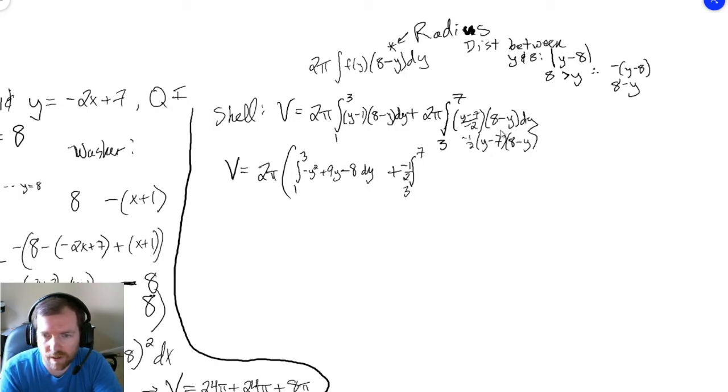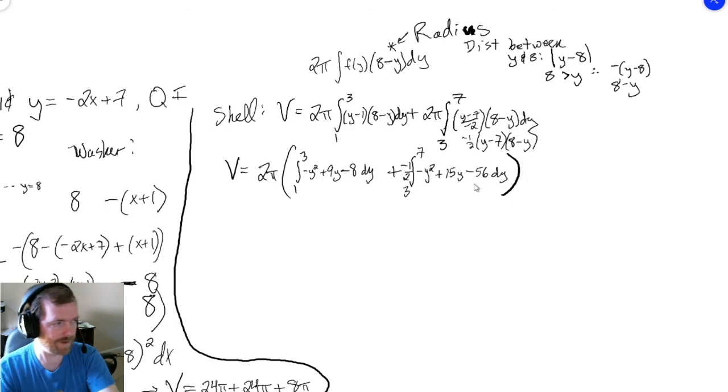So then we get a negative y squared. Here we get a positive 8y and a positive 7y is going to be positive 15y. And a negative 56 dy.